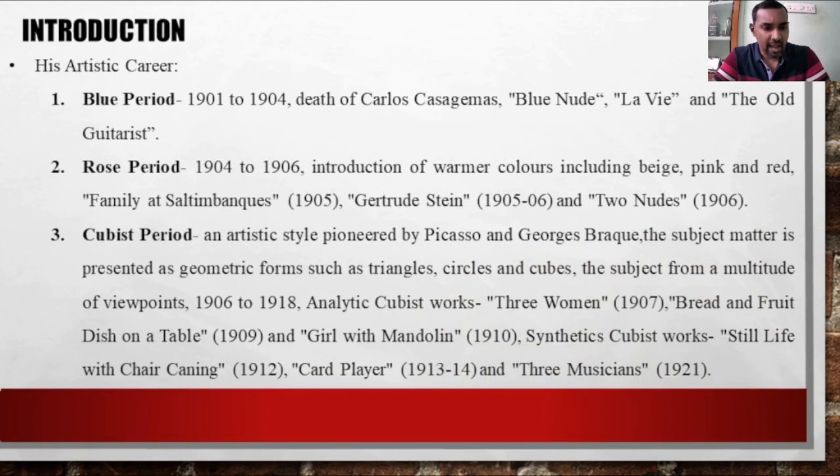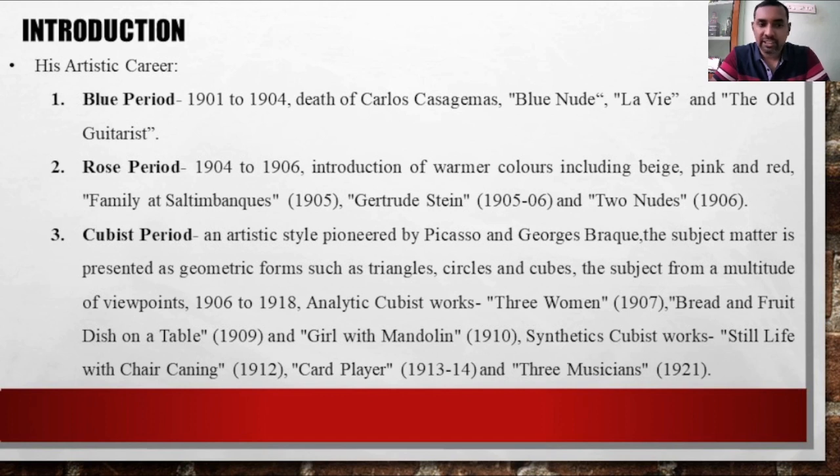Art critics and historians typically break Picasso's adult career into distinct periods, the first of which lasted from 1901 to 1904 and is called his Blue Period, after the color that dominated nearly all of his paintings over these years.